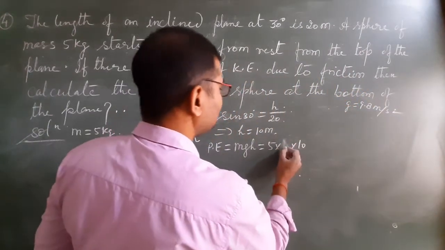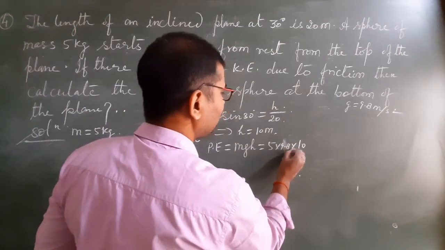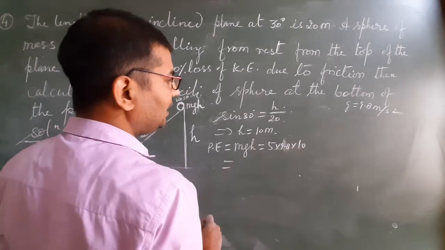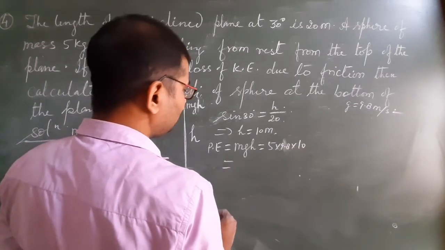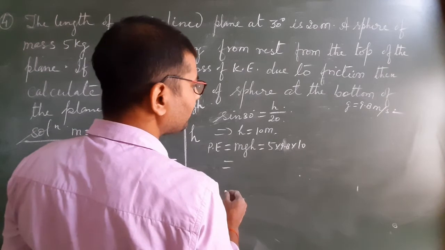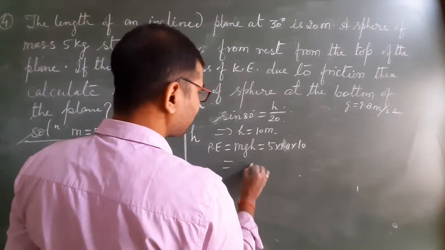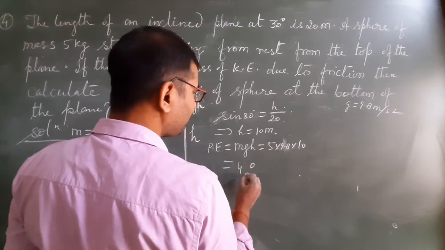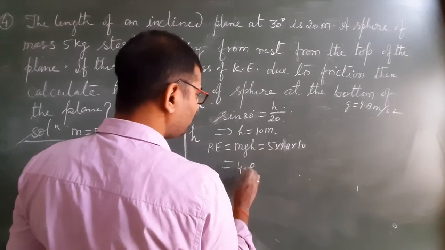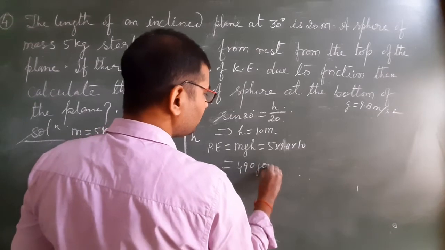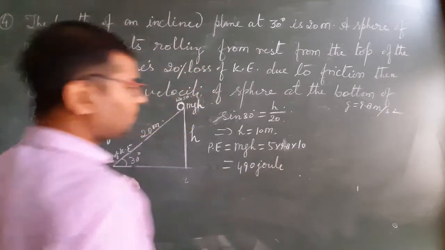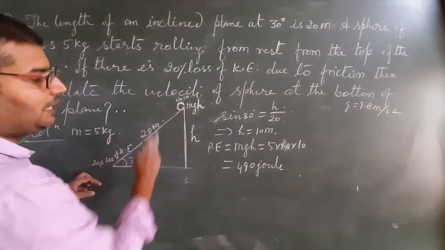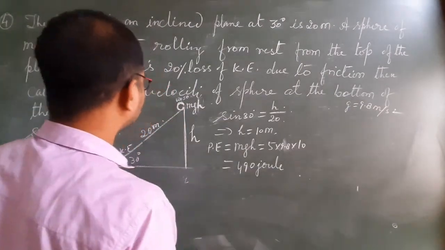So this can be written as 98 multiplied by 5, and this will be 490 joule. Potential energy at the highest point of the plane is 490.